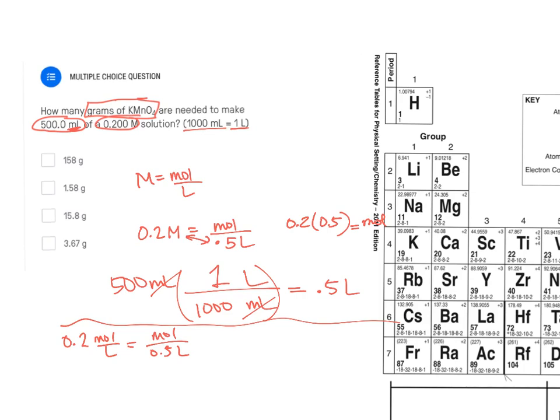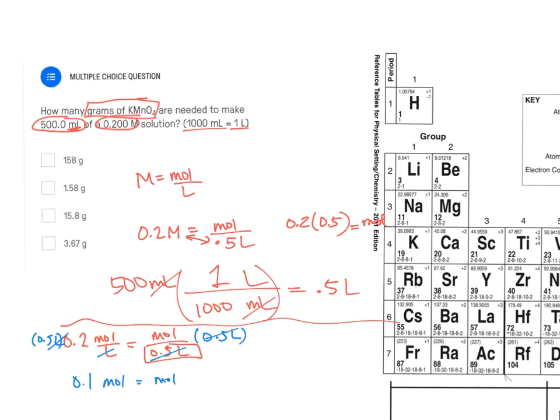So in order for me to get rid of this 0.5 liters, I'm going to bring that up to this side of the equation. Moles is equal to 0.5 liters times 0.2 moles per liter. So liters cancel out and you're left with 0.1 mole.